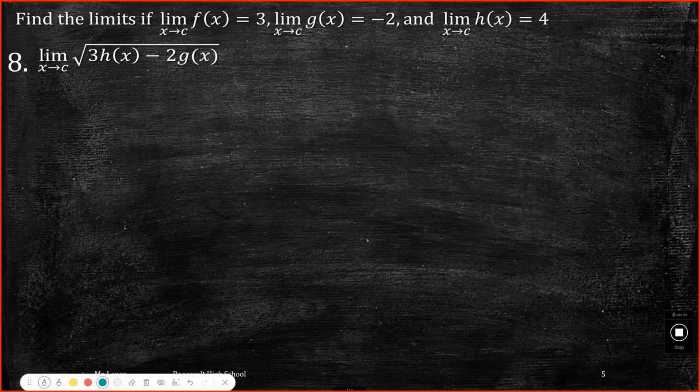It says find the limits if the limit as x approaches c of f of x is 3, the limit as x approaches c of g of x is negative 2, and the limit as x approaches c of h of x is 4. Then we can work out these problems. 8. The limit as x approaches c of the square root of 3 times h of x minus 2g of x.